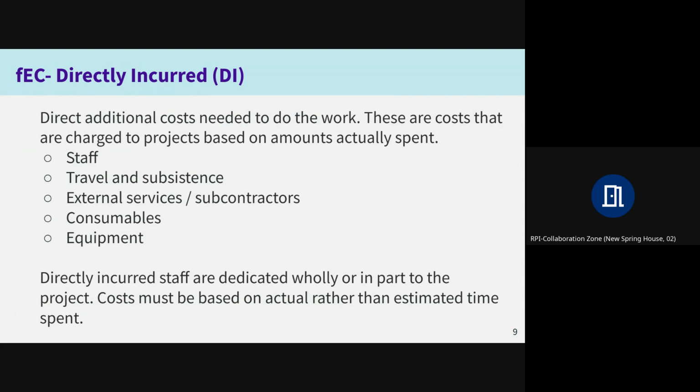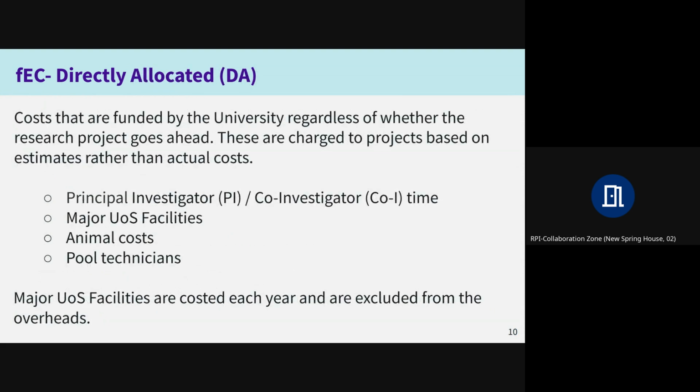Directly allocated is the opposite. It's where we would have spent that money anyway at the university, but we're allocating a proportion of those costs to this project because we need to keep the university running, and these are things that are going to be used as part of that project.